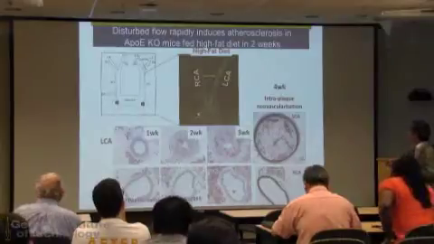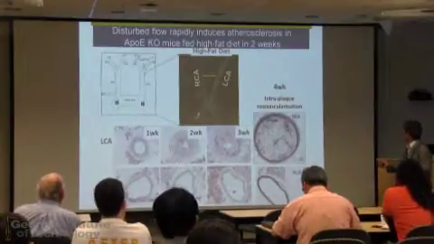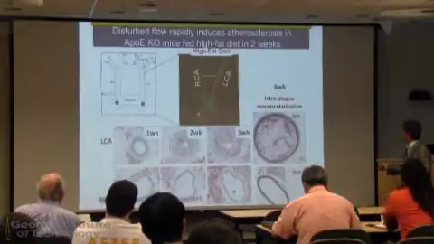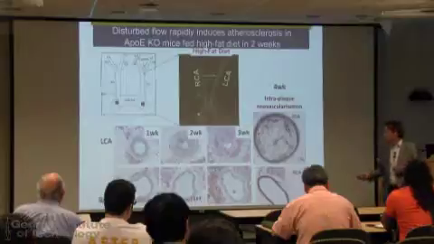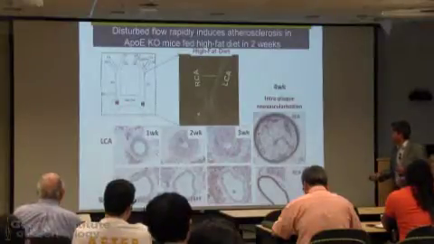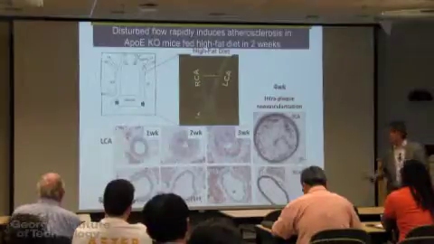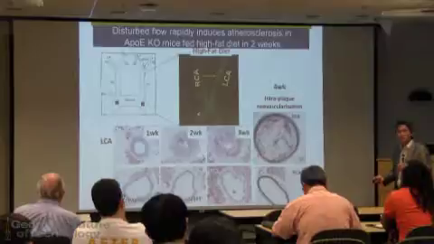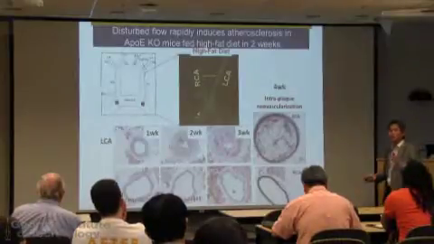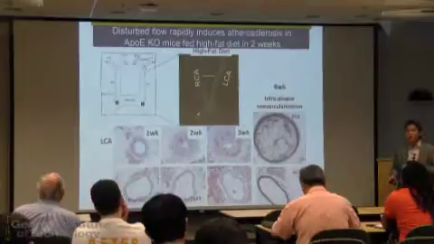This also shows additional signs of advanced lesions, intraplaque neovascularization, and a lot of cholesterol clefts. At the same time, if you look at the control side, they are clean, no atherosclerosis. So we have been using this model to really understand how atherosclerosis occurs, and for the first time we were able to demonstrate that yes, flow disturbance causes atherosclerosis.